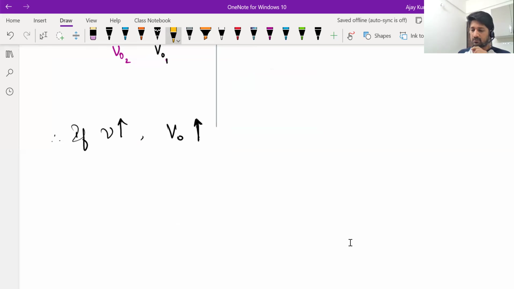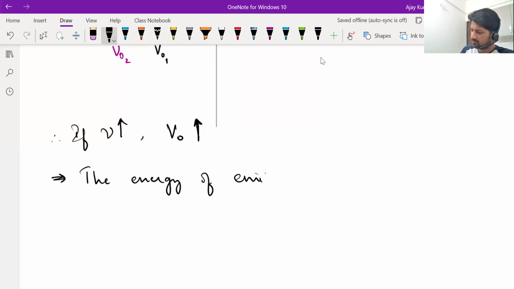Now, when frequency is increased, it is found that more potential is needed to stop the electrons. What does that mean? Electron energy is increasing. So from this, we can conclude that the energy of emitted electrons depends on frequency of incident radiation.